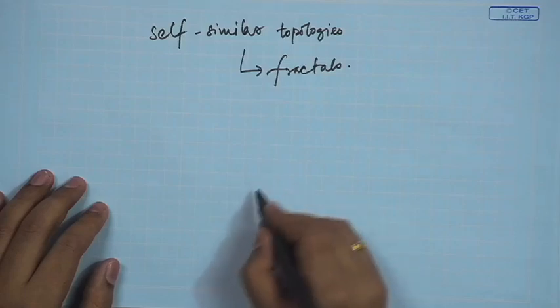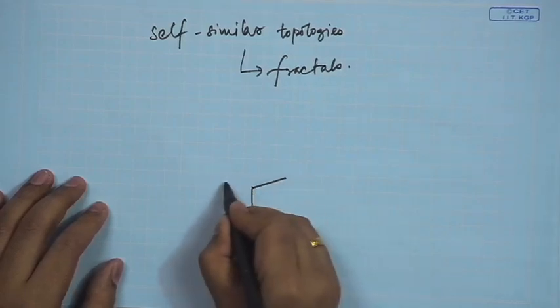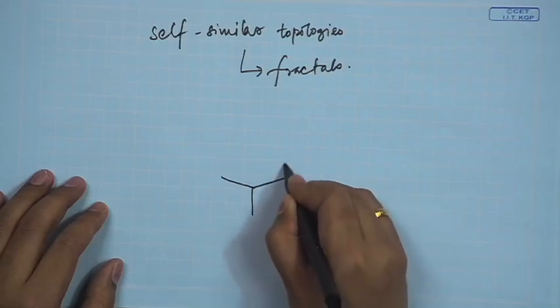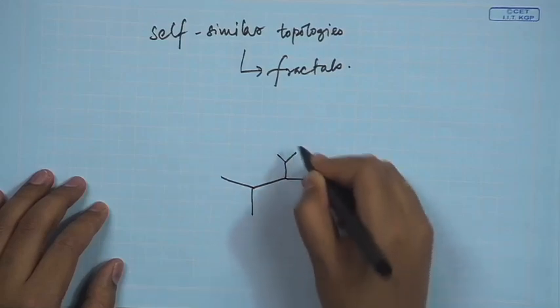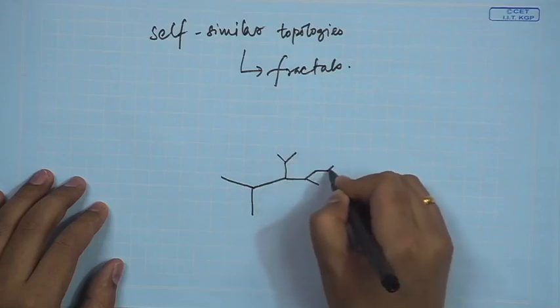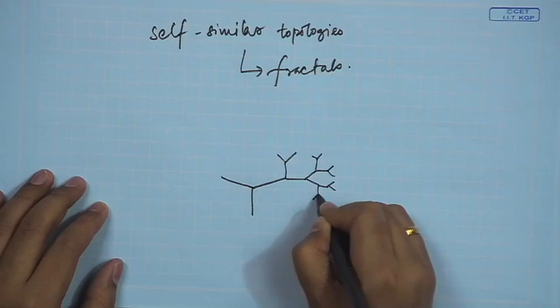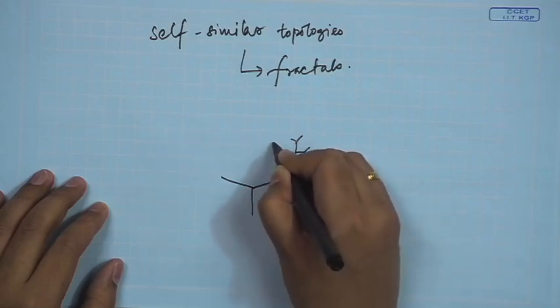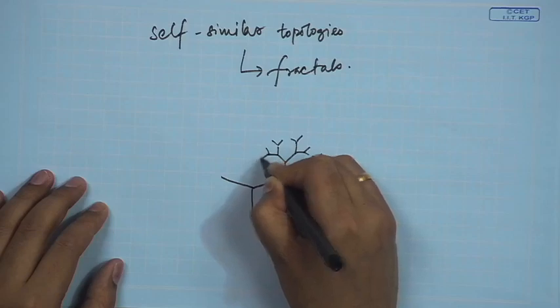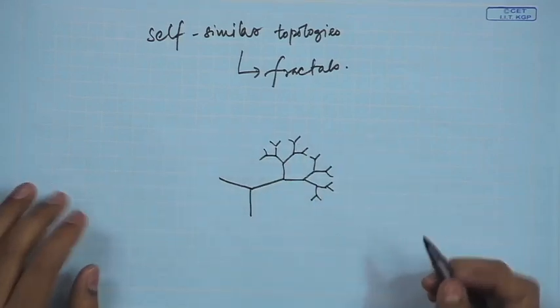Okay, but to motivate you with an example, self-similar structures would look like something like this. As you see, this looks like the branches of a tree.